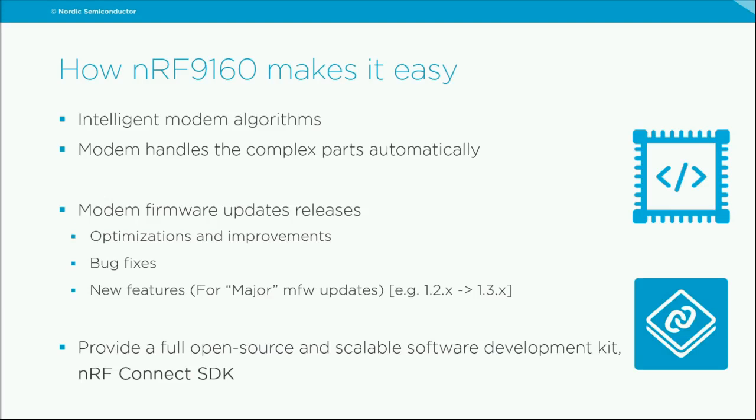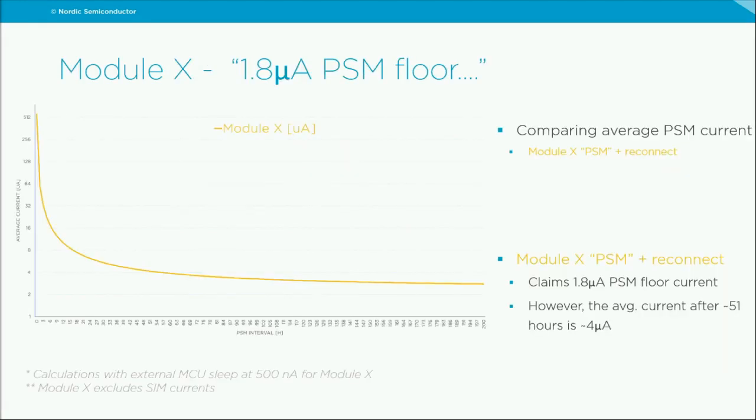Also, we have a fully open source and scalable software development kit, the nRF Connect SDK, which you can have on your application core, where we already have many samples, drivers and libraries for developers to use as reference or in their designs. Like I said, some other modules have shown a very low floor current.